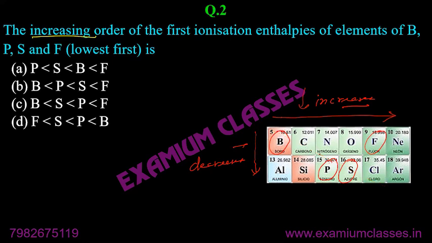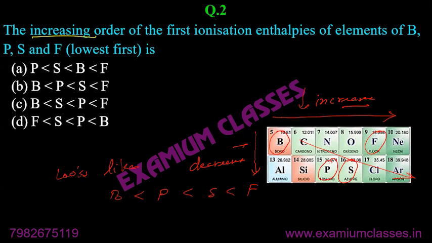It means boron should have the minimum and probably sulfur or fluorine should have the maximum, and phosphorus should come after boron. If you move in this direction, you could have phosphorus, then sulfur, then fluorine, if we are talking about first ionization enthalpy.